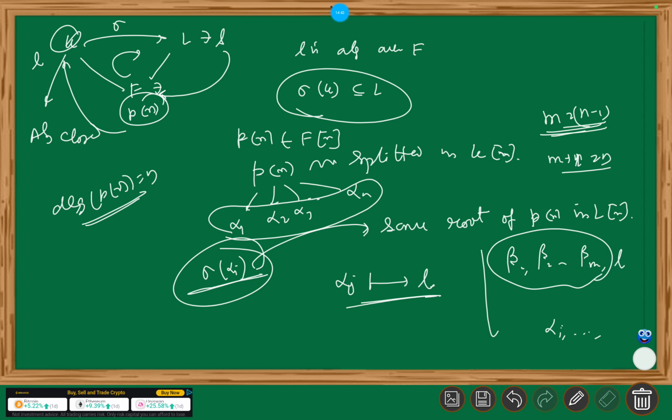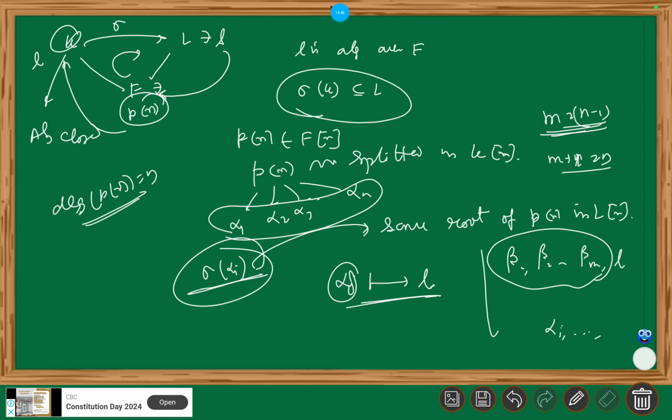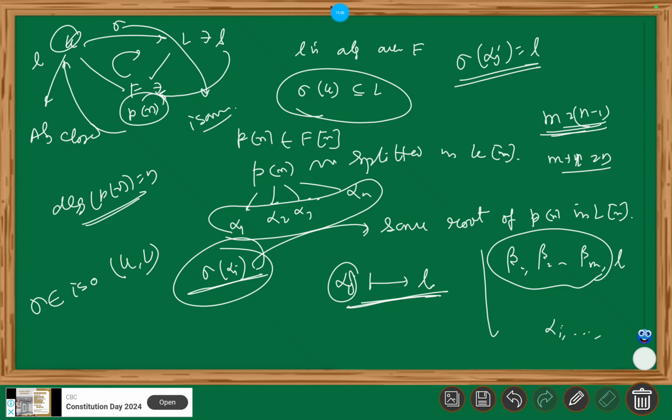As the number of roots should be the same, and sigma is injective, at least one alpha j must map to l. So this particular sigma of alpha j I'll choose l. So this sigma is basically an isomorphism from K to L that preserves F. Okay, so this completes the proof.